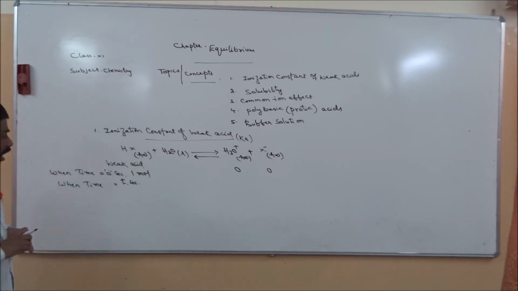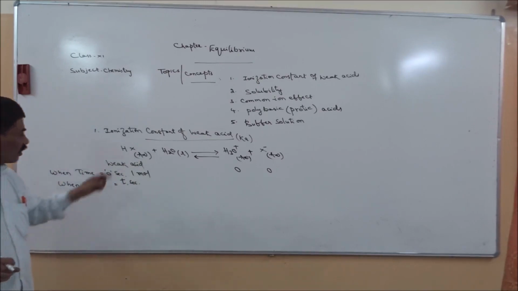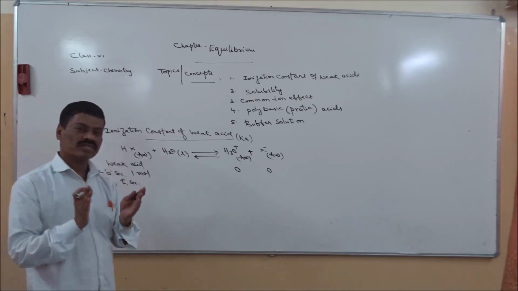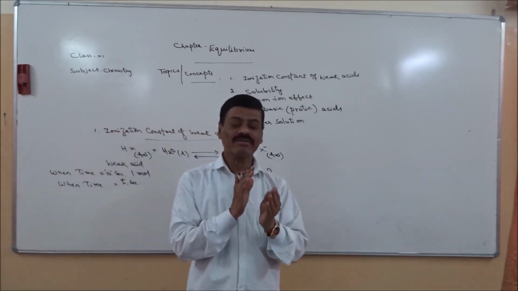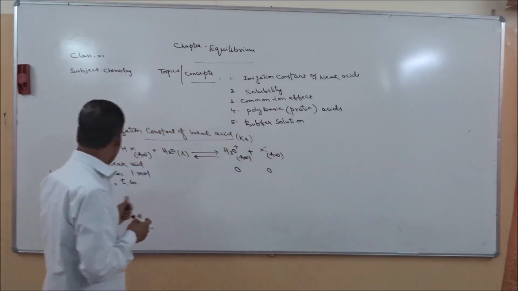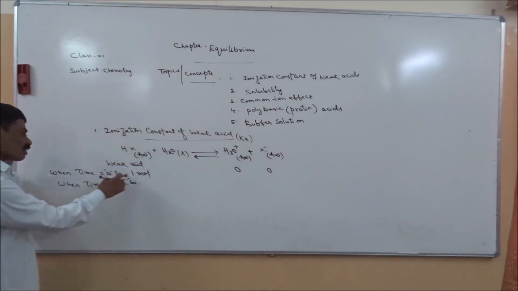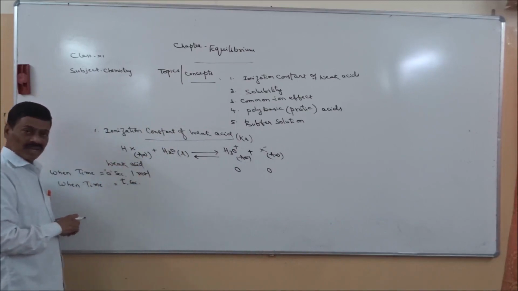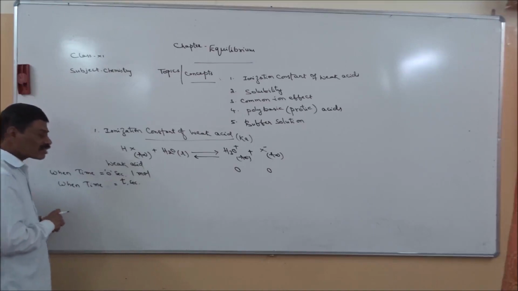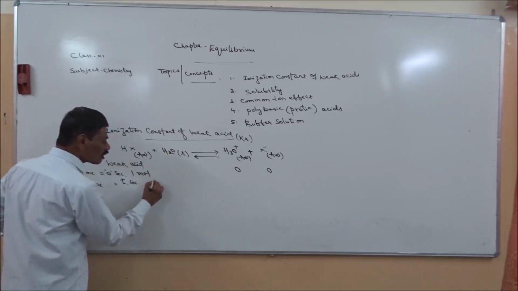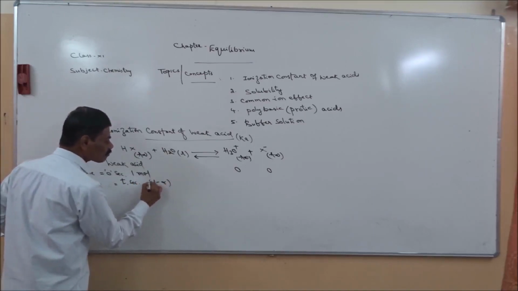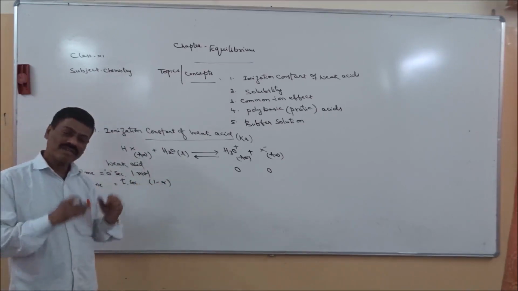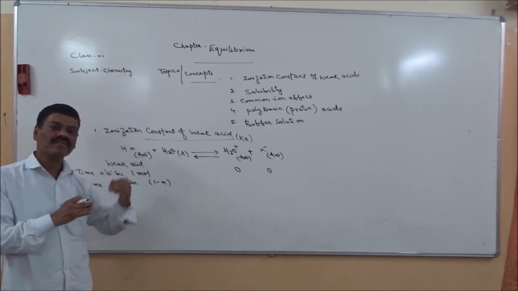Then alpha amount of weak acid undergoes ionization. Alpha, the degree of ionization, means amount or quantity. So alpha quantity of this weak acid will undergo ionization out of 1 mole. So the amount of weak acid left is written as 1 minus alpha. Here the degree of ionization is alpha, meaning that much amount of weak acid is ionizing.